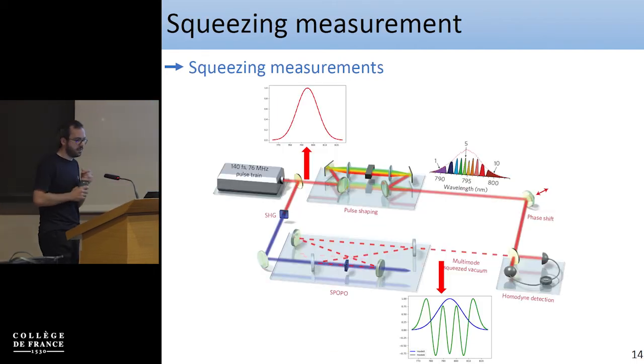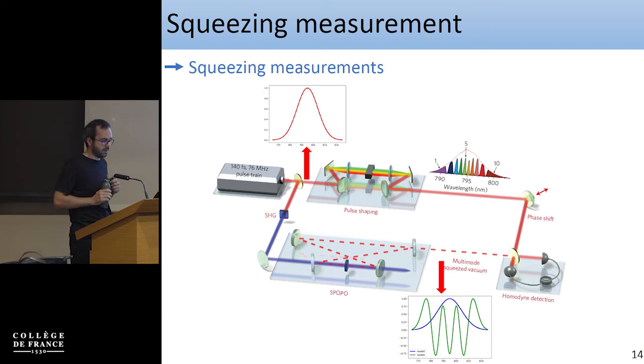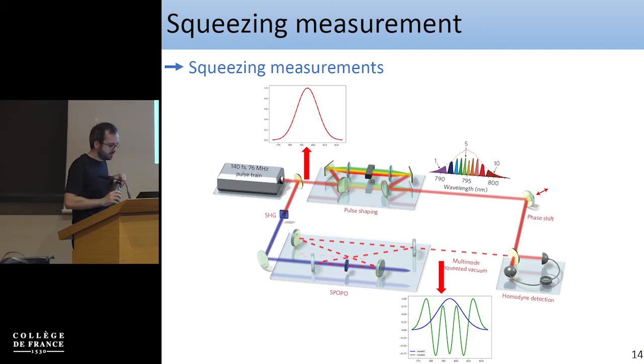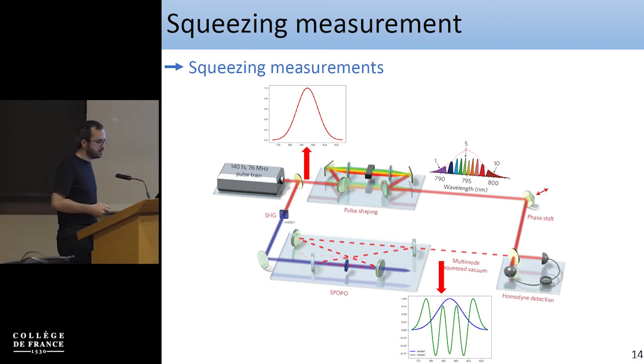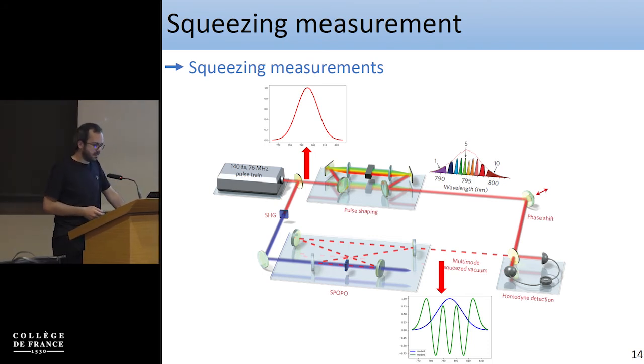But I still have one limitation for my squeezing measurement. Now I need to shape this Hermite-Gaussian supermode. As we saw, the light is coming from the same source, the laser.